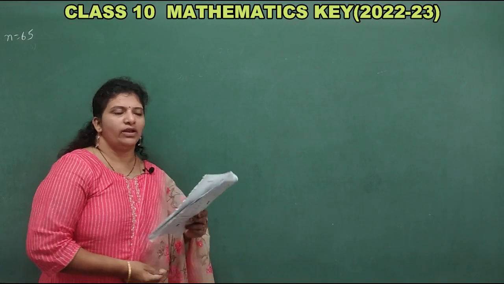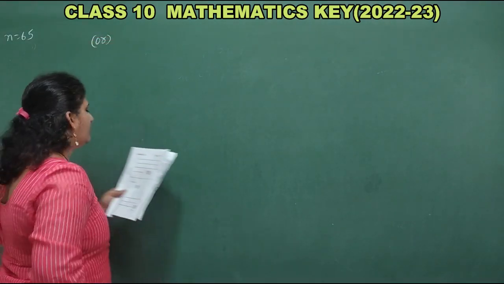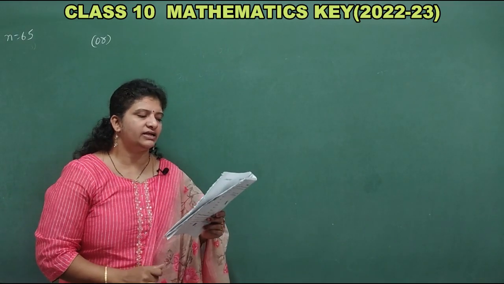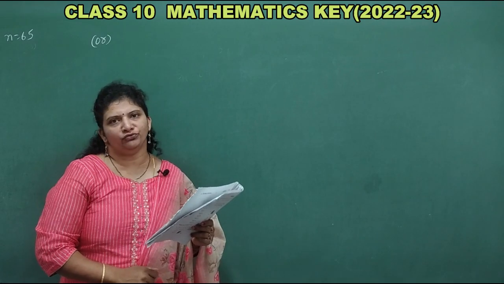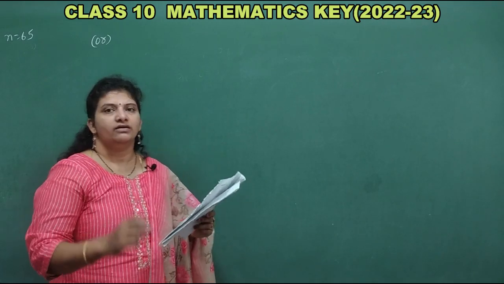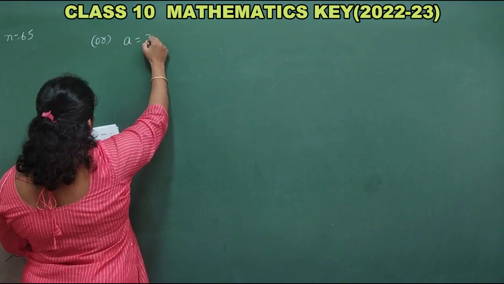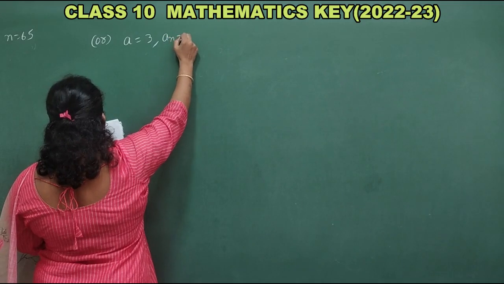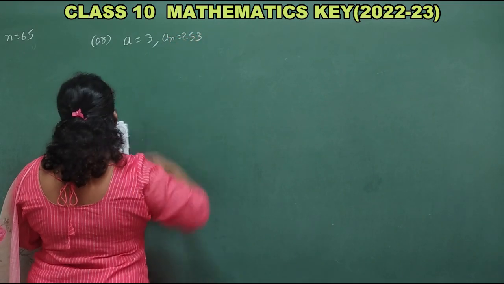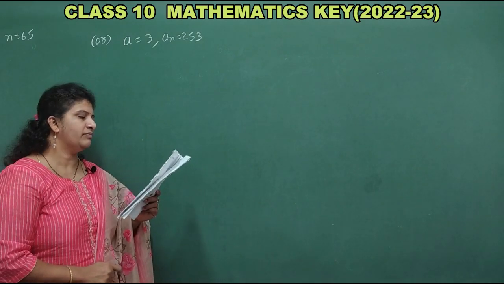In this we have one more OR question. The first and the last terms of an arithmetic progression are 3 and 253 respectively. The first term is A. A is what? 3. The last term AN is equal to 253. I don't know which term is the last term, so I will assume it as AN.